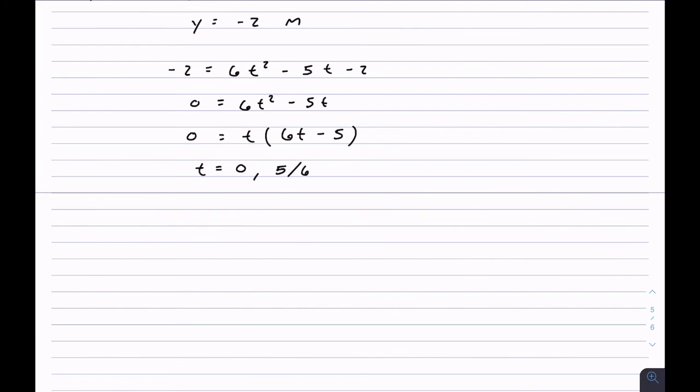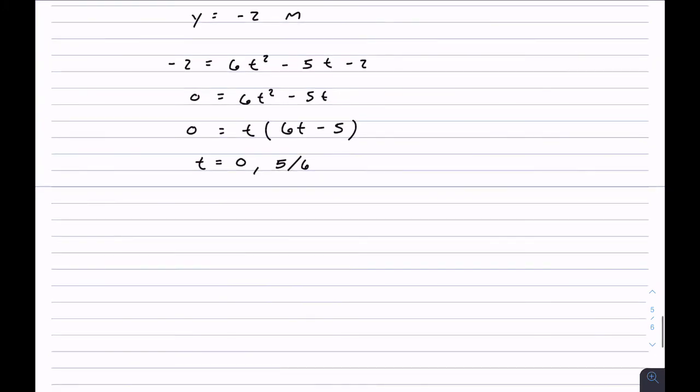Right? Because if we plug that in, we should get 0. So t times 5/6 minus 5. Yep, that's right. This goes away, that goes to 0. Just checking my work. That's always a good idea.